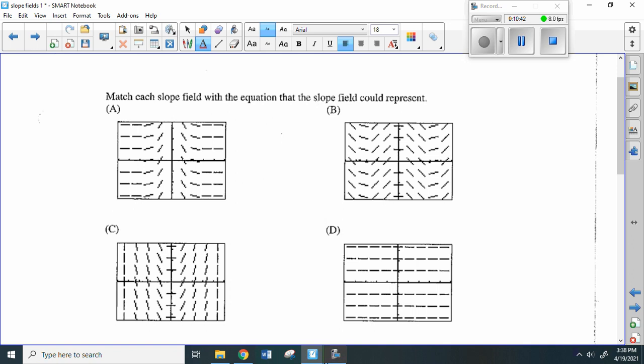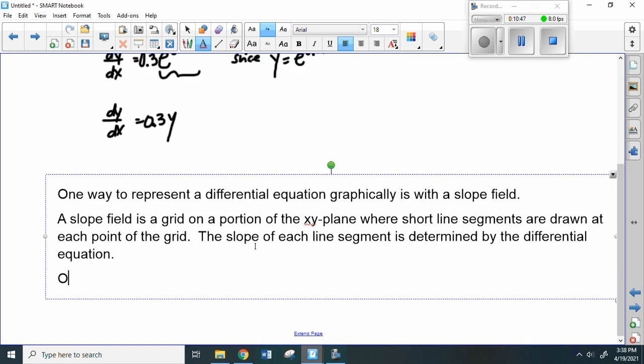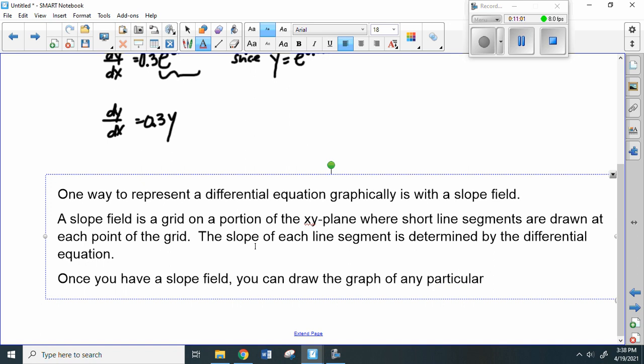Let's write that in our notes. Once you have a slope field, you can draw the graph of any particular solution.